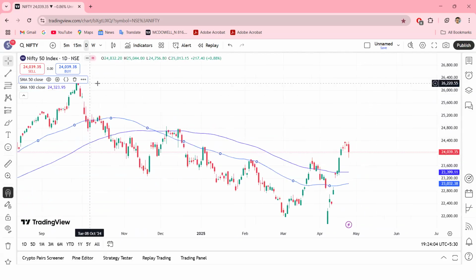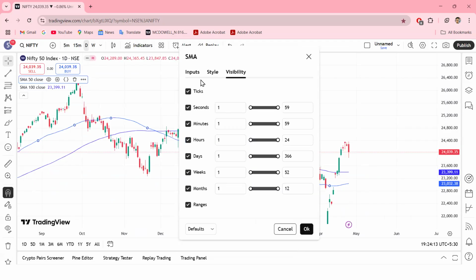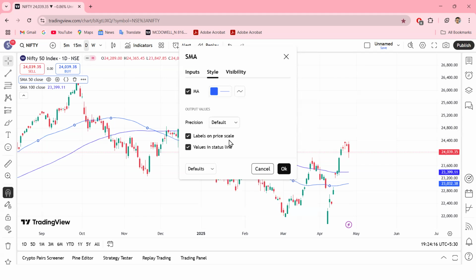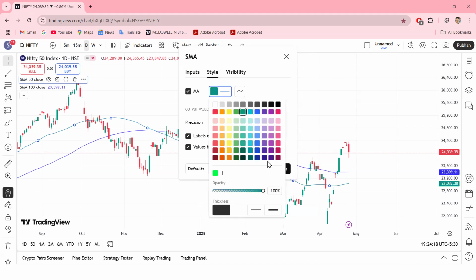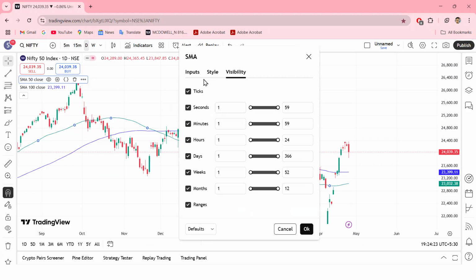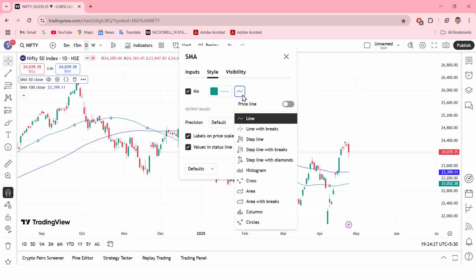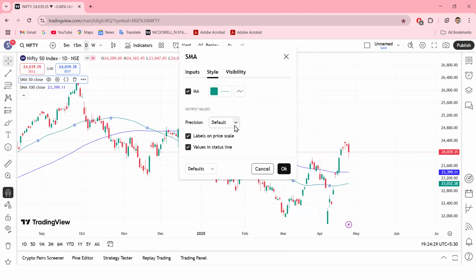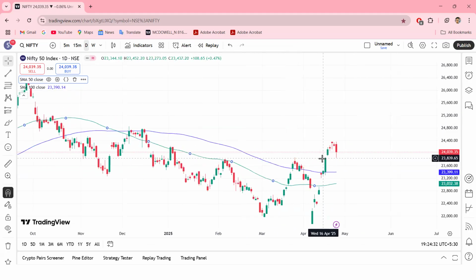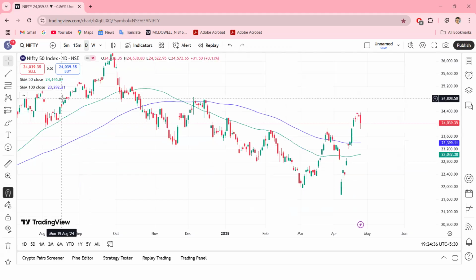Can you just change the color? Let me change the thickness also. So the green one is the 50 moving average, and this blue one is the 100 moving average.